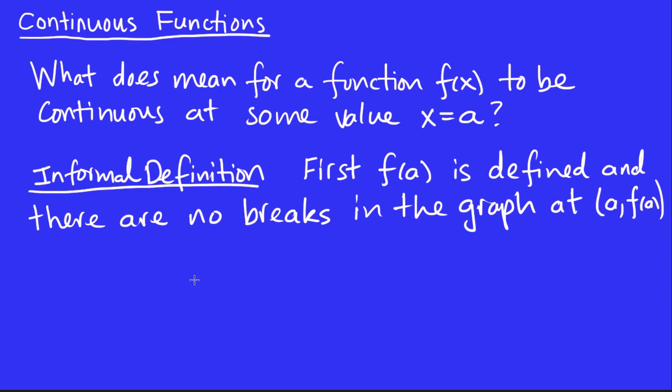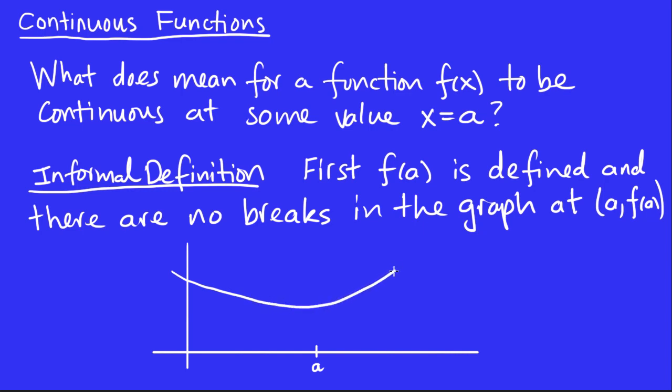Well, let's take a graph, and let's say this is the number a, okay? And here's our function. So this point right here, this y value would be f of a, right? So this point would be a comma f of a. So f of a is defined. If it wasn't defined, then what would happen?